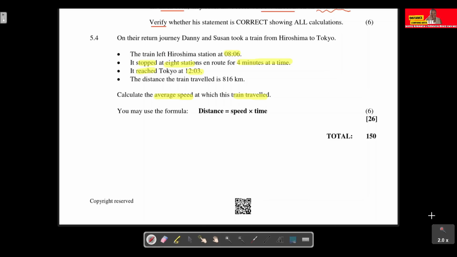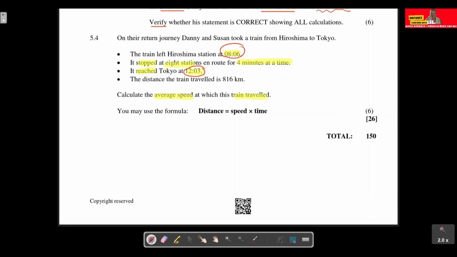With this question, guys, you need to be very careful. Even though we are told what time the train left Hiroshima and what time it reached Tokyo, you can't just say that the train traveled approximately 4 hours.